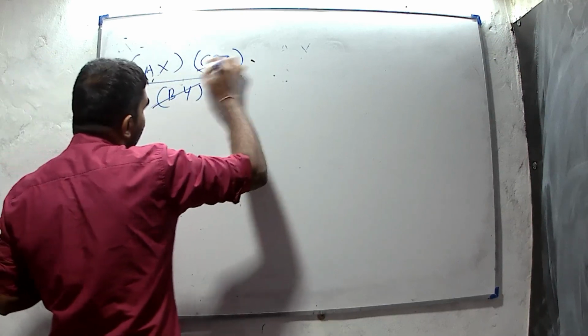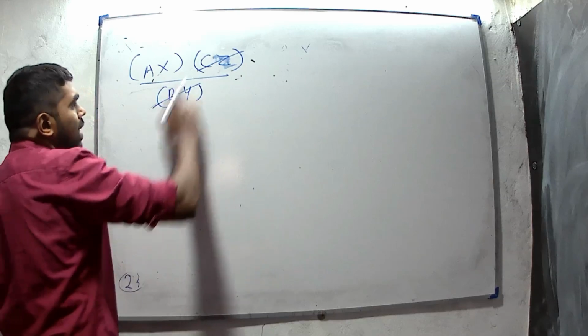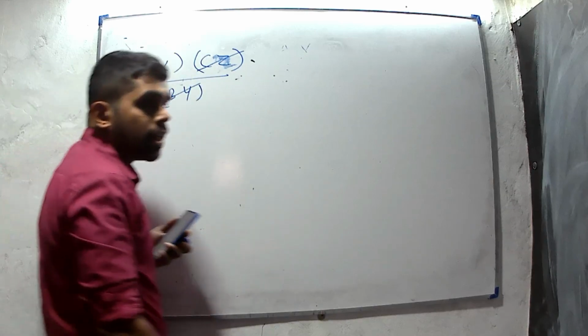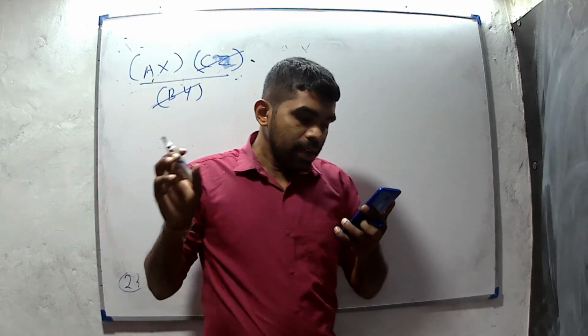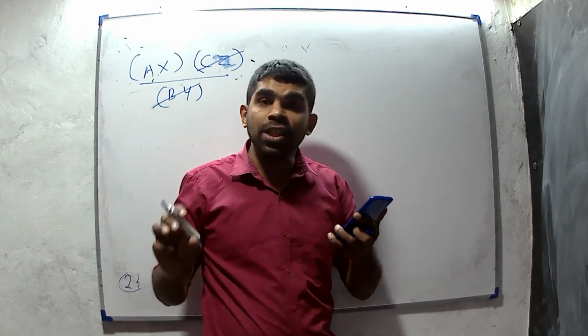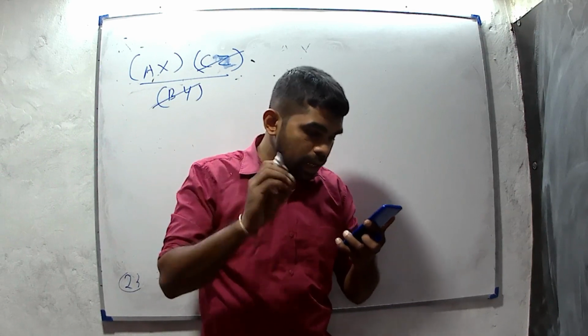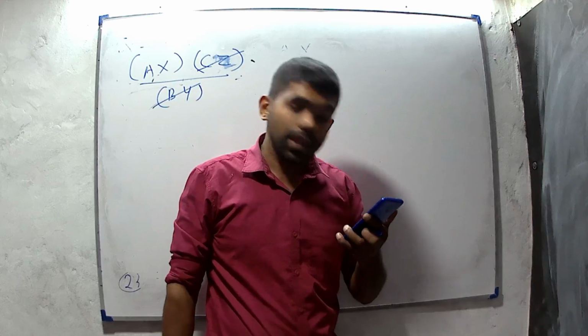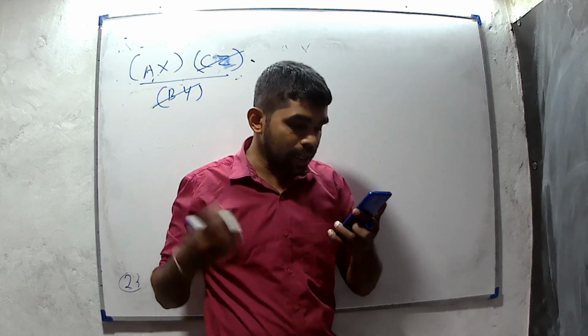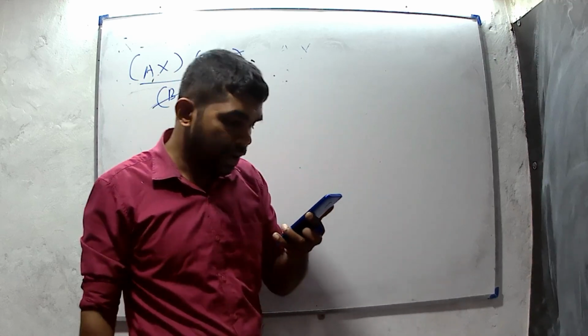Therefore, we can cancel out the dimensions of one term. Then finally we get the dimensions of a term in the given equation. Therefore, it has the same dimensions.